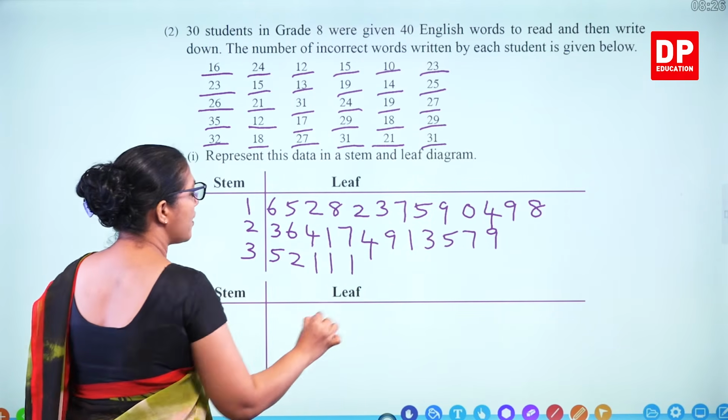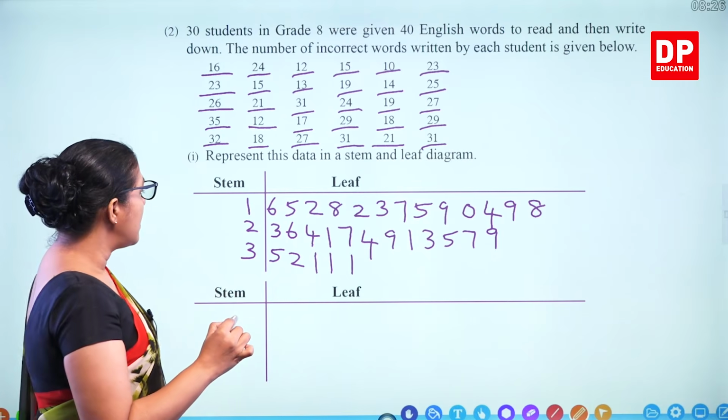And 3, 1. Now arrange this in ascending order.